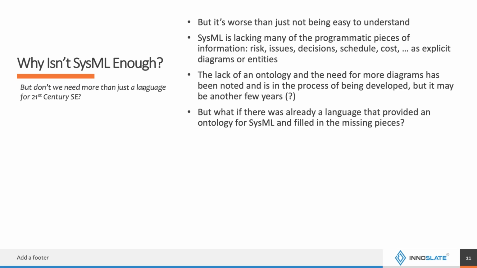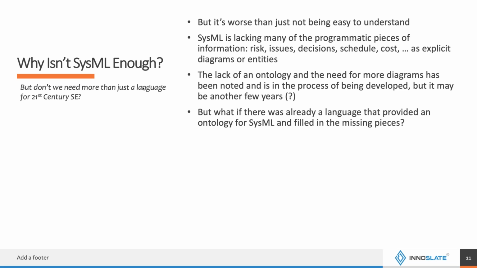I had the exact same problem with the DoD architecture framework. If you read my book on the DODAF, it has the same problem. It's not dealing with all the parameters we need to deal with. And so the lack of ontology, of course, has been noted by the SysML community. They're working hard on it.